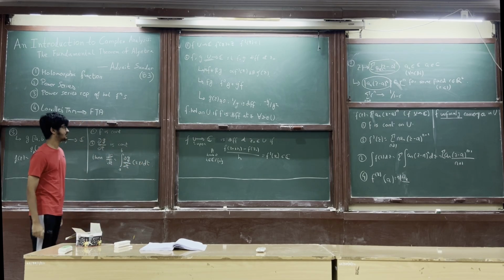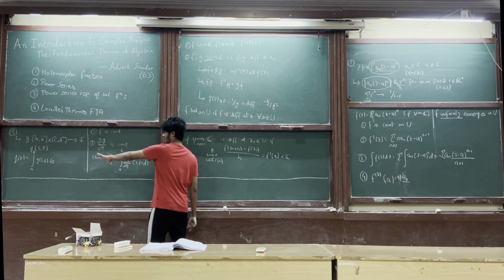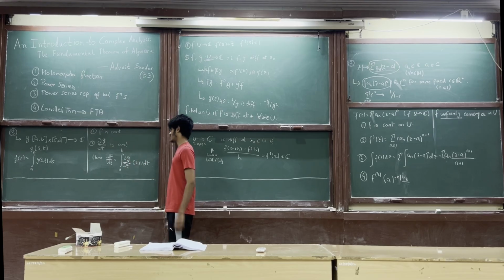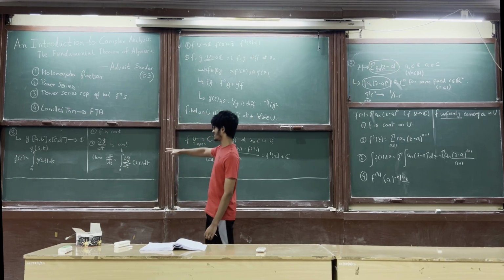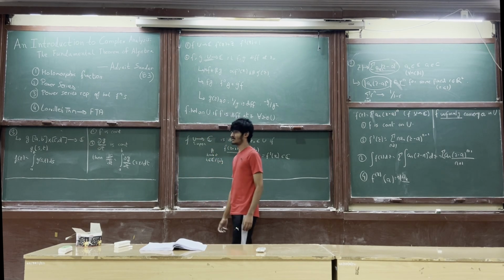Okay, awesome. You can try proving this on your own. It's not too hard, just some computations that need to be done. And using this very crucial lemma, we will show that all holomorphic functions can be represented as power series.